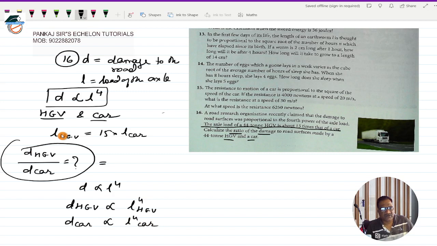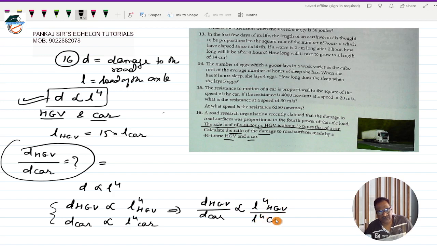Okay, because this relationship says that. Now you are asked to find out the ratio of the damage. So this implies that the damage of HGV upon the damage caused due to car will be proportional to, now these two are left hand side, so these are right hand side, so it will be L raised to 4 HGV upon L raised to 4 car.